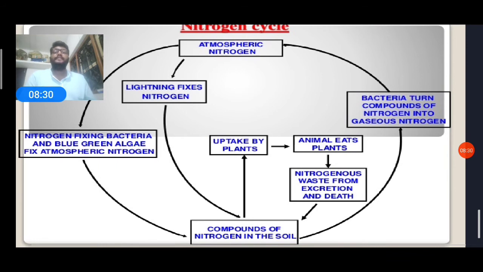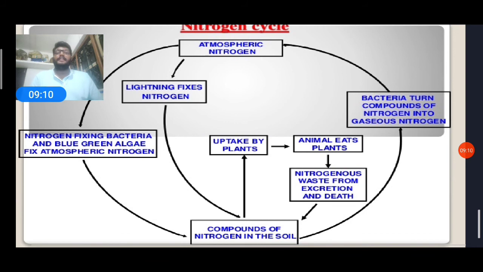If plants and animals die, some part is converted into simple nitrogen compounds and goes directly into the atmosphere. This cycle keeps on repeating. That's why it is called the nitrogen cycle. Another name is the biogeochemical cycle. That's why nitrogen always remains constant in the atmosphere. It is very important from the point of view of the examination.